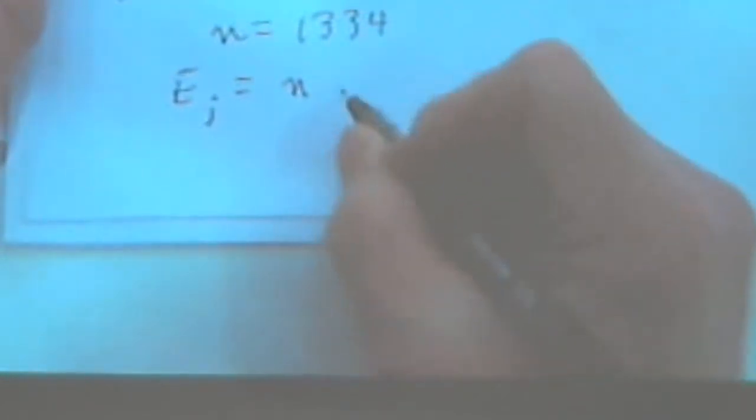So you do the experiment, and in this case n is 1334. Okay, so then you get the observed frequencies. That's what you got. Now we just need the expected frequencies. E_j would be what? It would be n times the probability of binomial, since it's supposed to be binomial. These 7 trials, right?